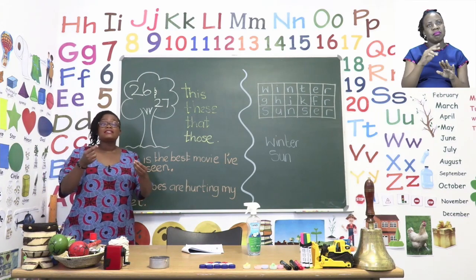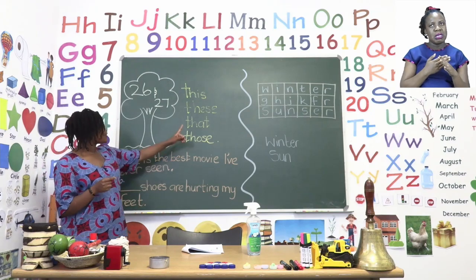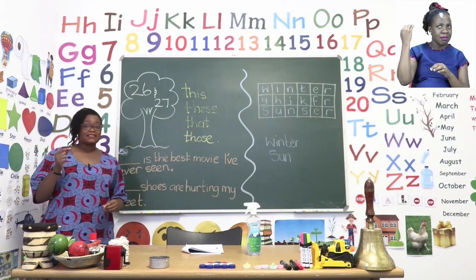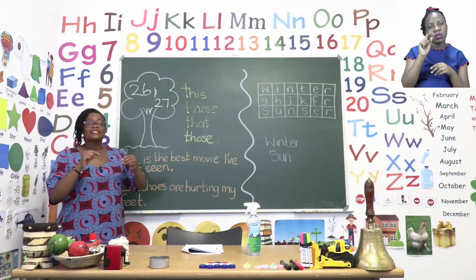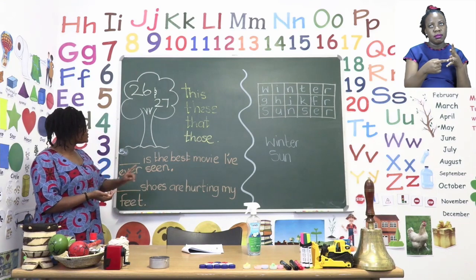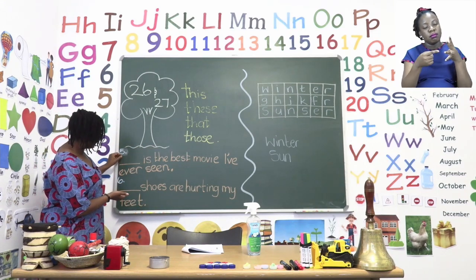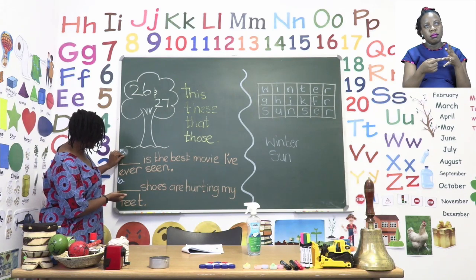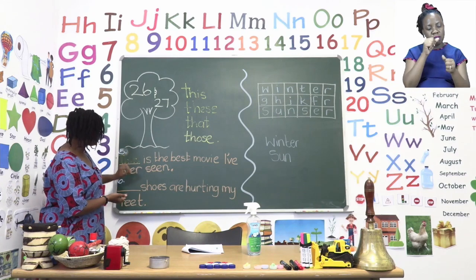Because it is in past tense, we can use that, not this, because this would mean that maybe they're hyping it right now. So we are going to use that is the best movie I've ever seen. Let's write the word that. Don't forget your capital letter T at the beginning.